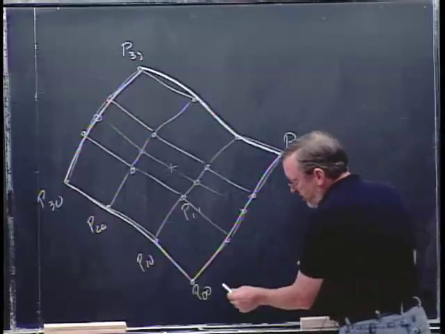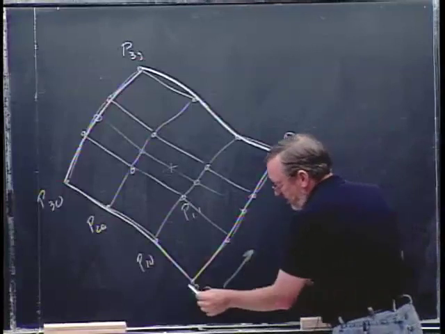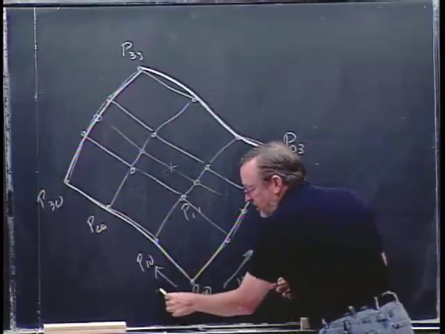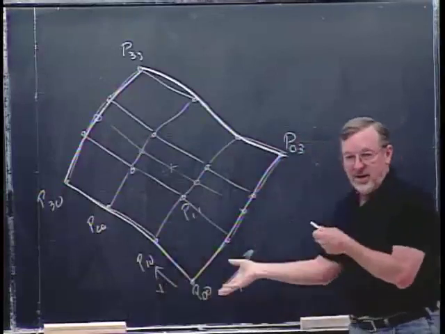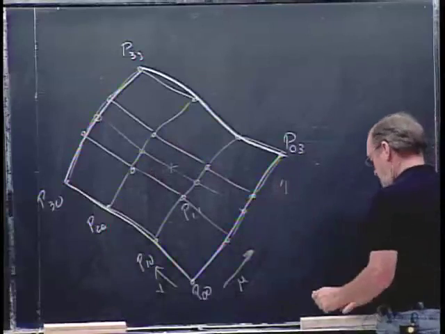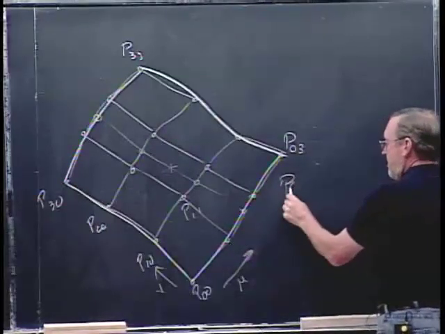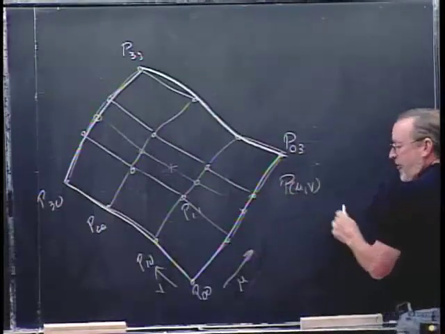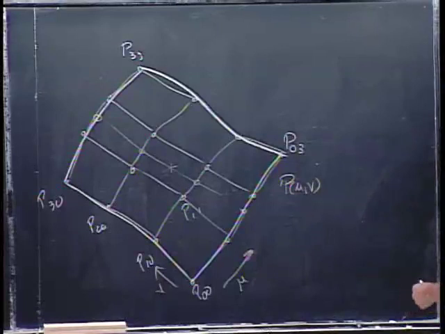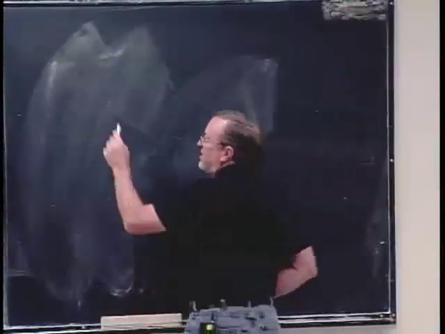Normally you think of this as going, there's a parameter u, there have to be two parameters now on a surface. A parameter u in one direction, and a parameter v. And so you get out something called P of u and v. And this, you can actually write down in most cases.